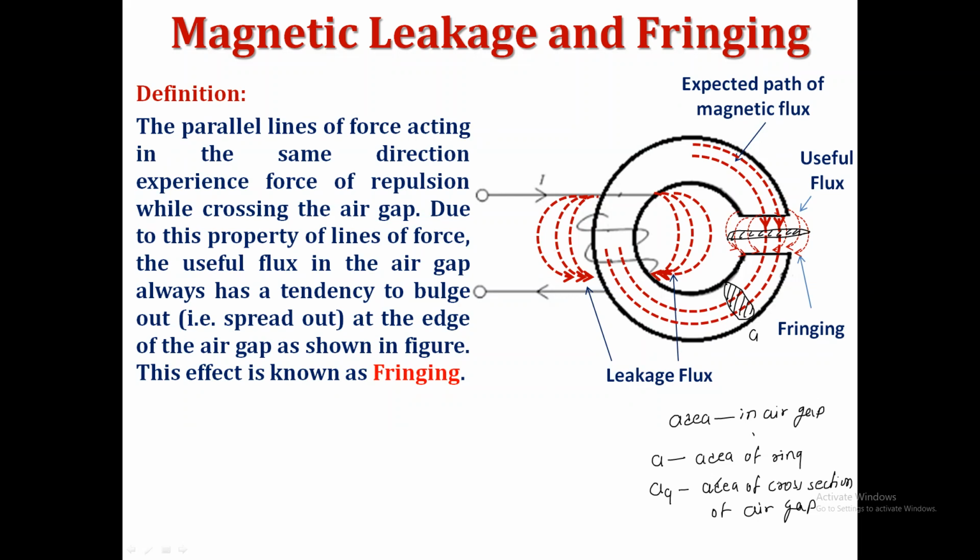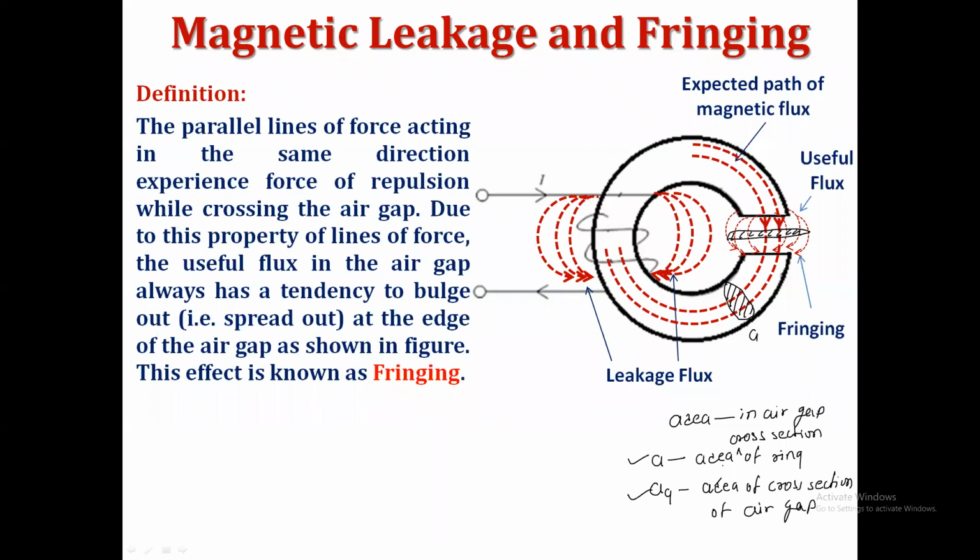Either the area of cross section of the ring is greater or the area of cross section of the air gap is greater. Area of ring. How can you say that?